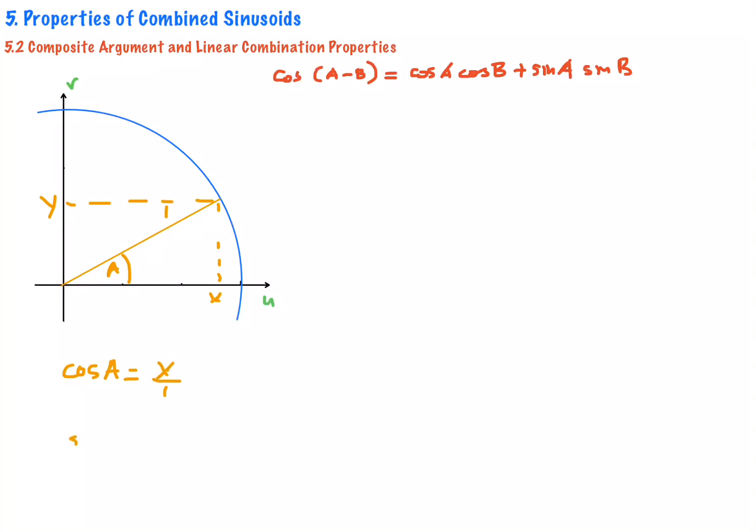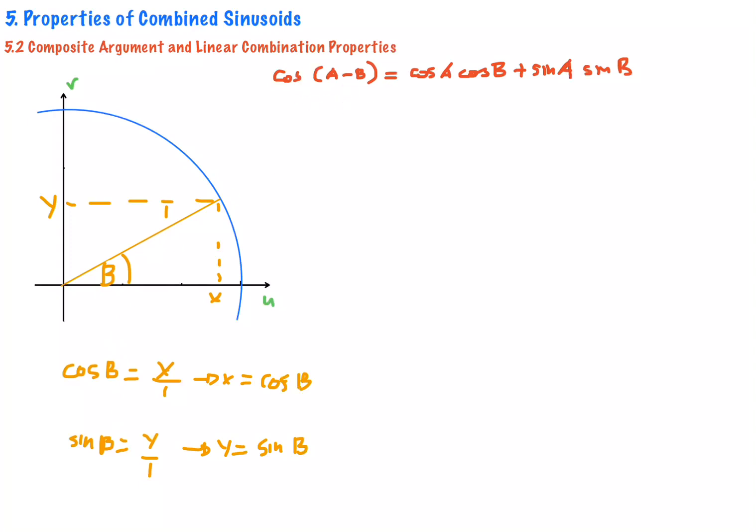And the same thing, if I put sine A, that will be the opposite length divided by the hypotenuse length, which is 1, so y over 1. So we can say clearly that x is equal to cos A, while y is equal to sine A.